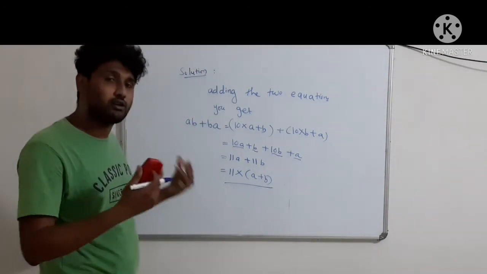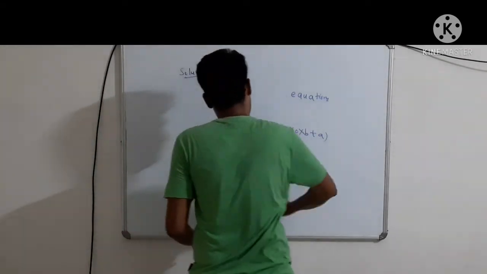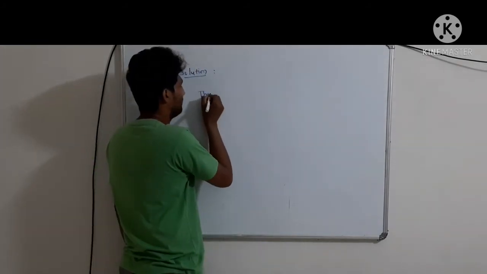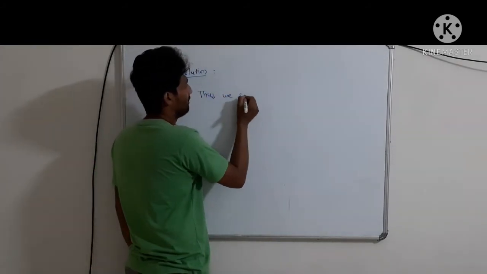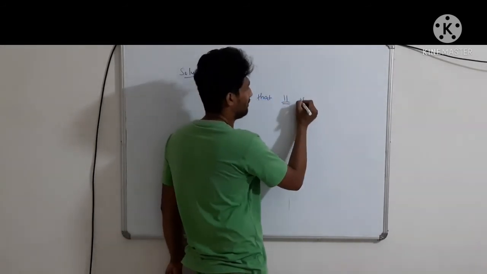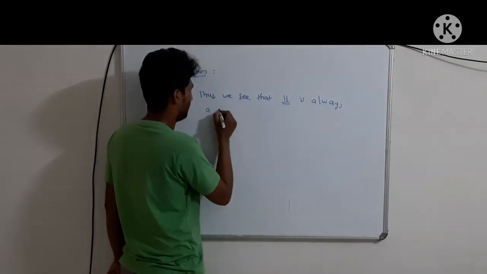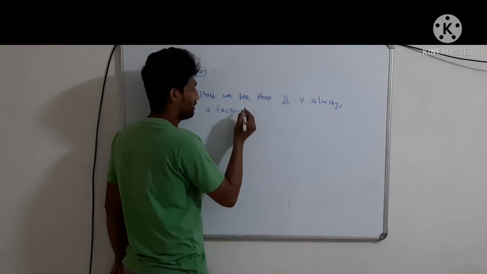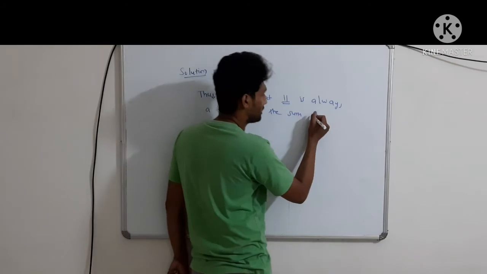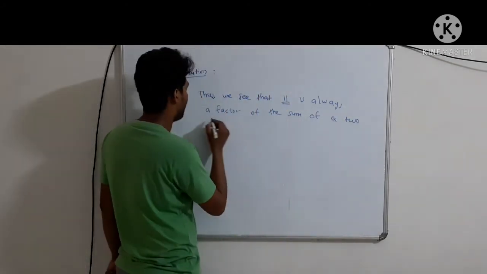So now we will write a concluding statement or the final statement. Thus, we see that 11 is always a factor of the sum of what?